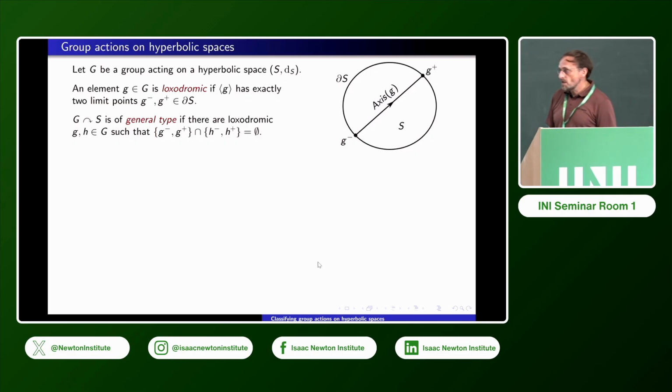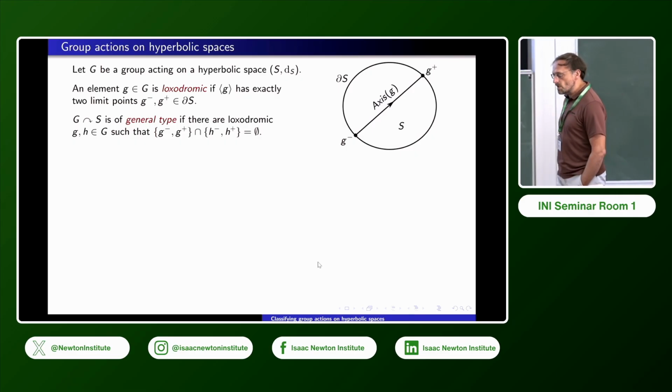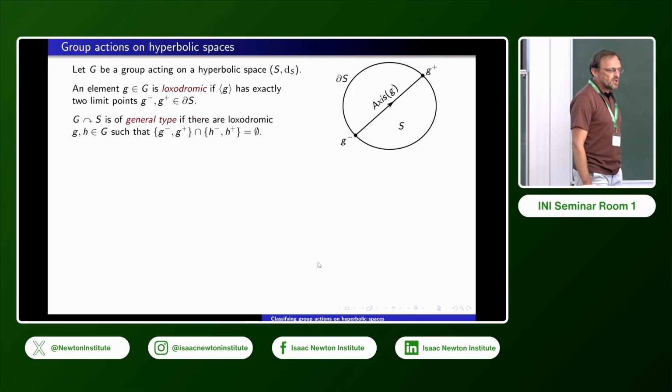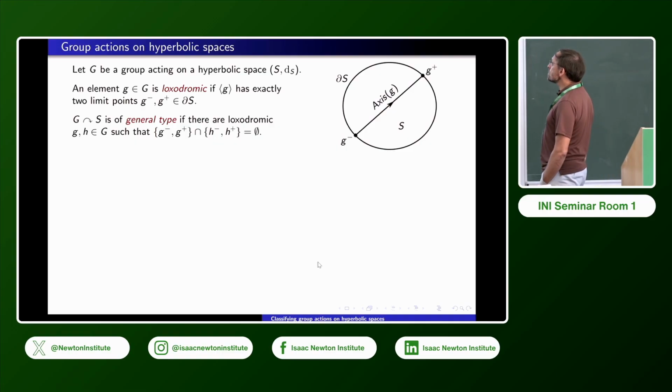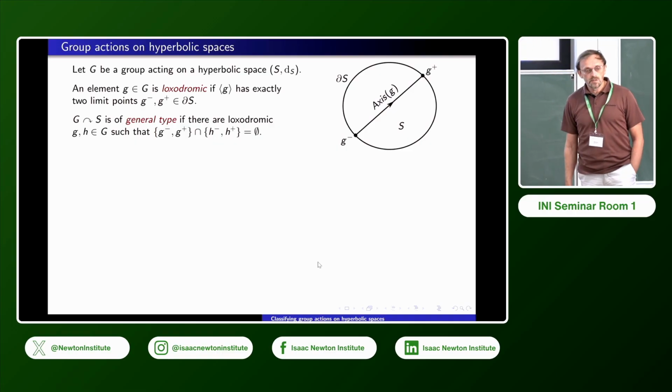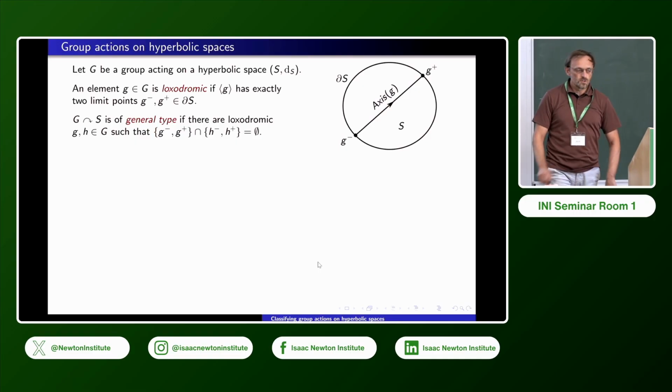And an action of a group on a hyperbolic space is said to be of general type if there are two transversal loxodromic elements. Transversal means that their fixed points on the boundary are totally disjoint.